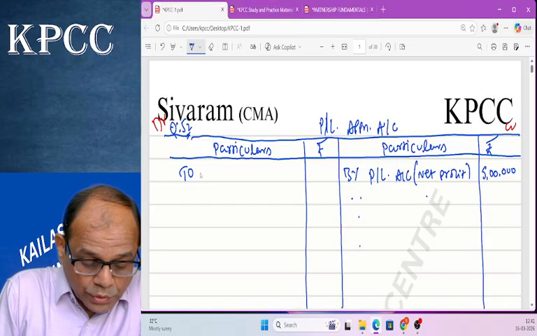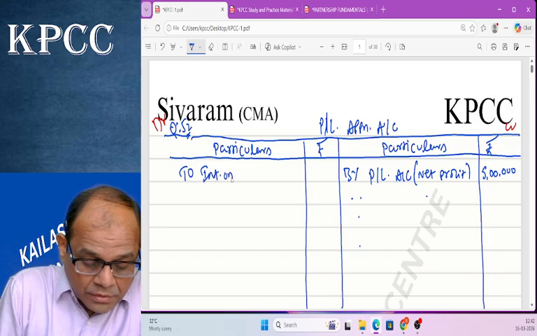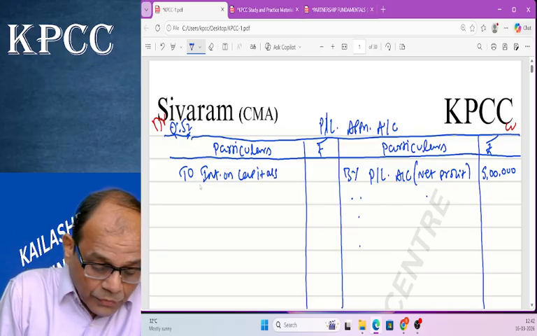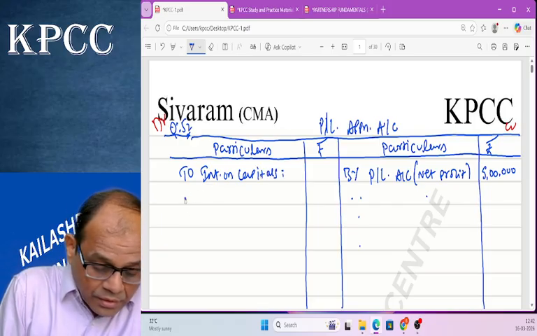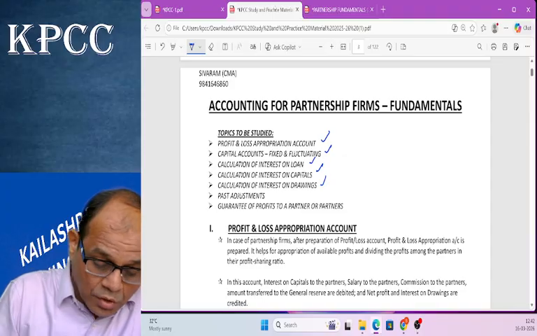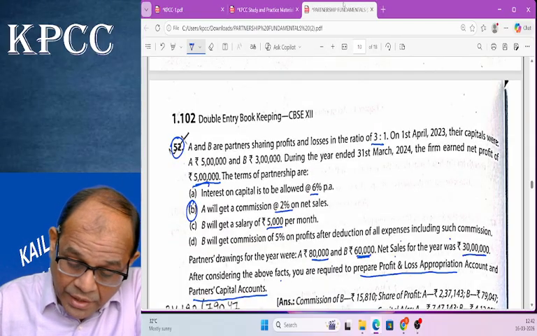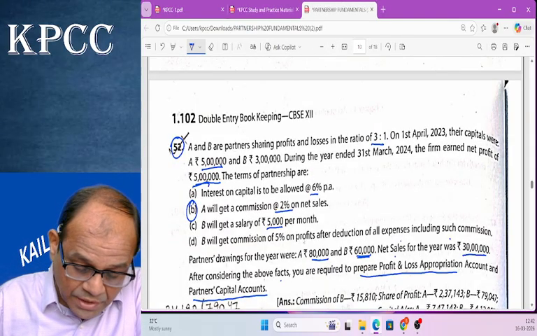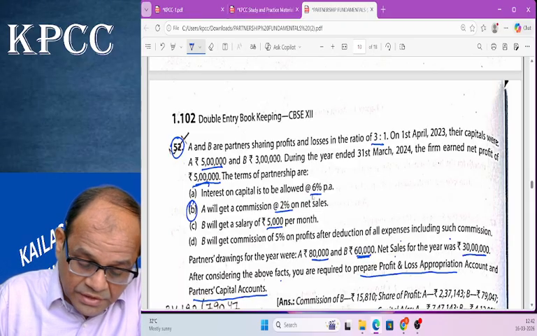So start writing, my dears. To interest on capitals, A and B. A's capital amount is 5 lakhs. What is the rate of interest on capital? He has given 6%.